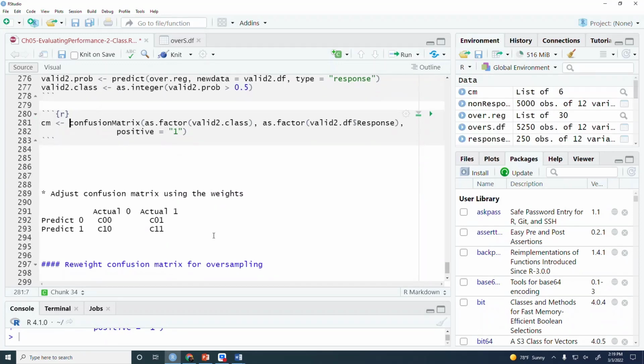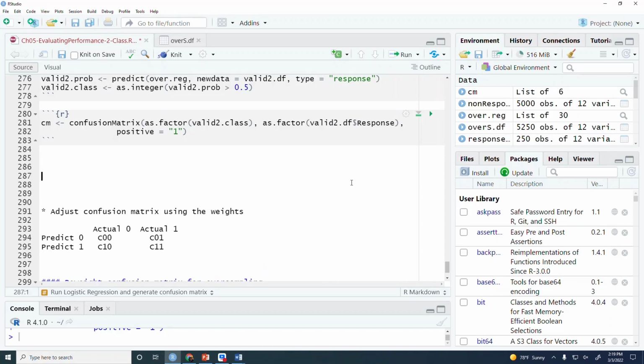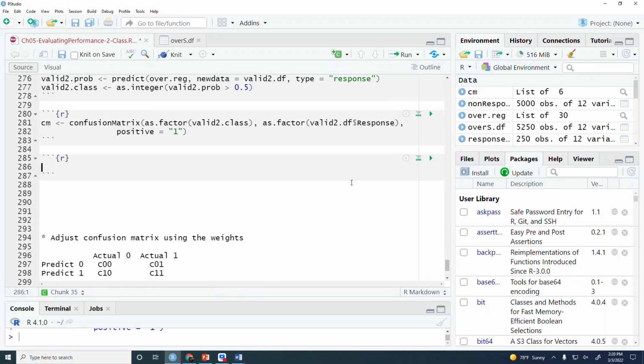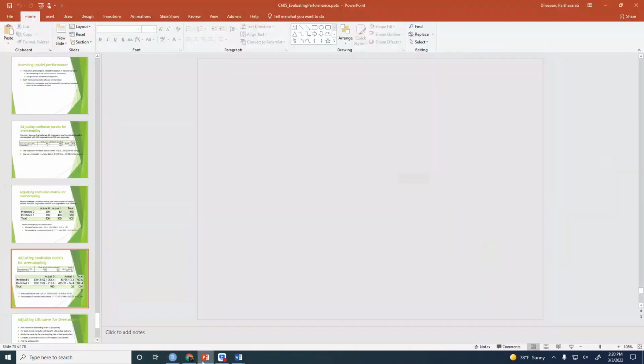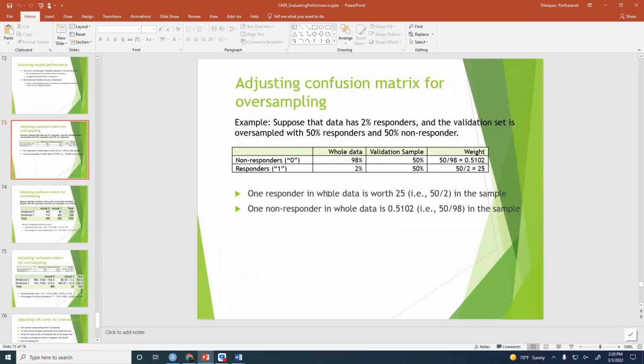Okay, so now the actual output of the confusion matrix is in CM. So what are the weights? Here we need the response for the whole data and then the response in the validation data.